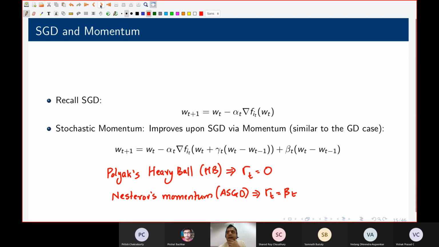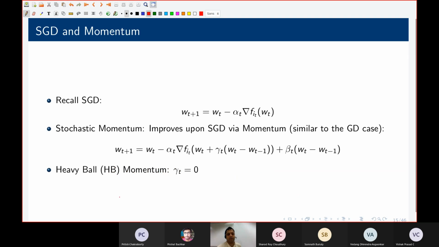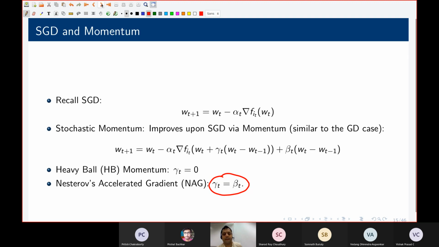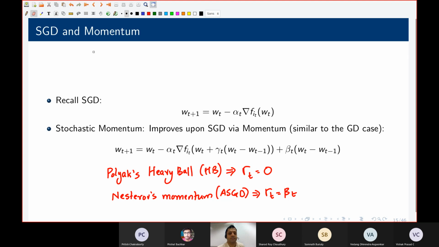But we also look at adaptation beyond just getting the gammas and betas adapted. We'll also try to bring in a little bit more curvature information. That's how things are state of the art. So okay, heavy ball momentum, gamma t is 0, and Nesterov accelerated gradient NAG is gamma t is beta t. I think I should just correct this. NAG. That's the notation I used.